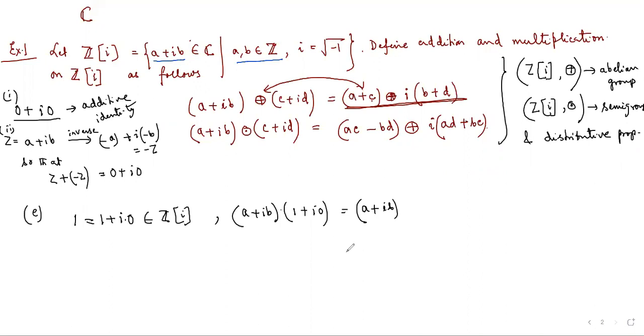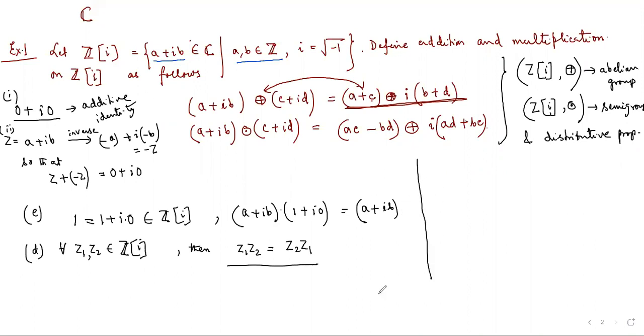Not only that, you will also be able to show property D. If you consider two elements Z1 and Z2 from this set, you can show that Z1 times Z2 is exactly the same as Z2 times Z1. All this you can verify by yourself whenever you get time.